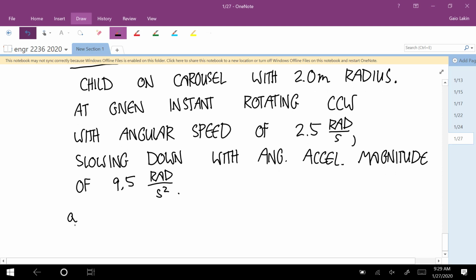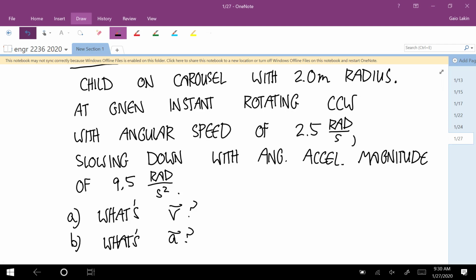And we want to calculate the velocity and the acceleration at that instant. In Physics 1, you did problems like this, but we're going to use those vector equations now, okay?